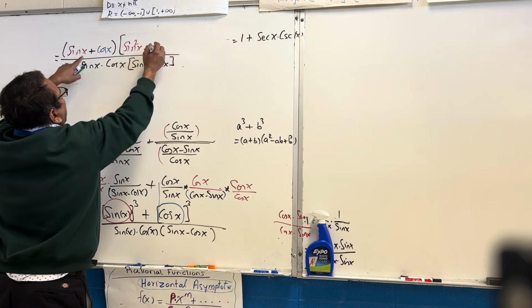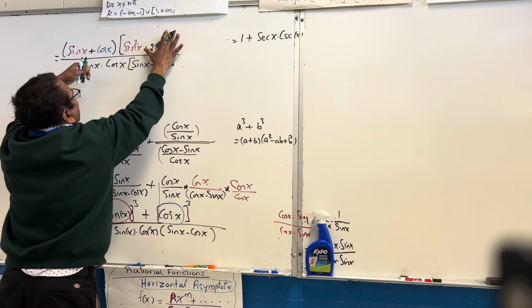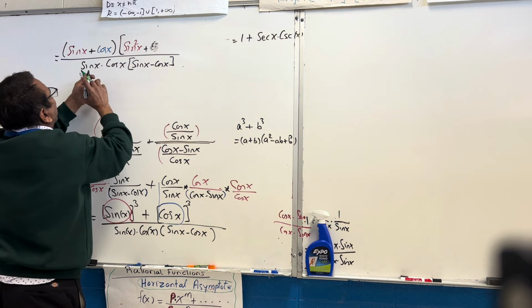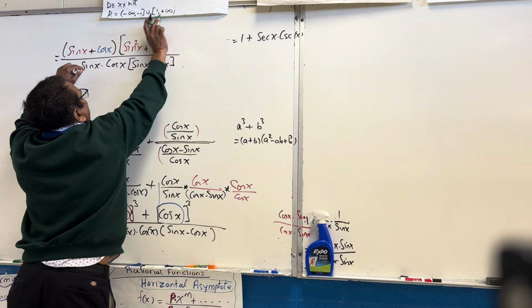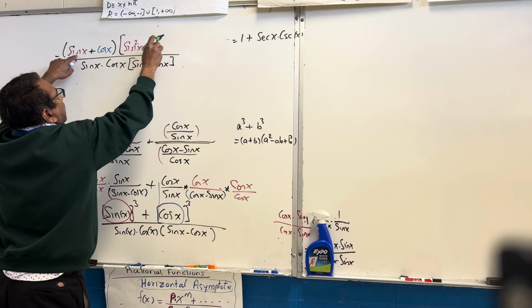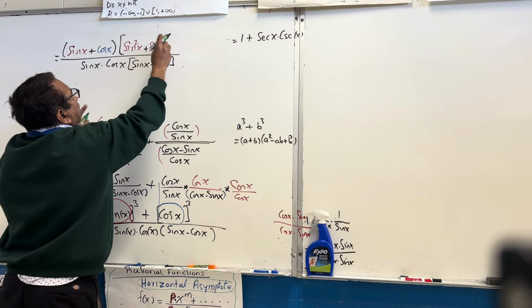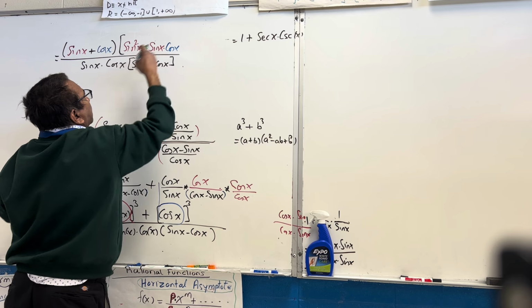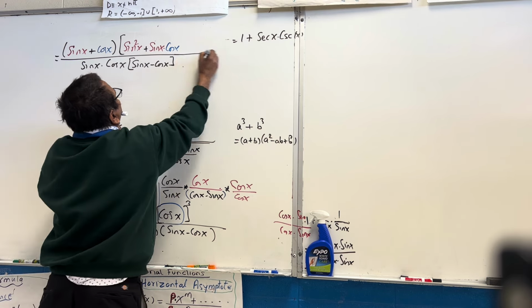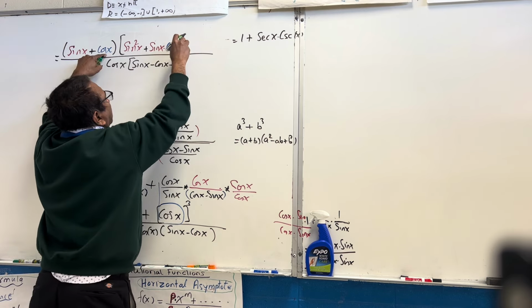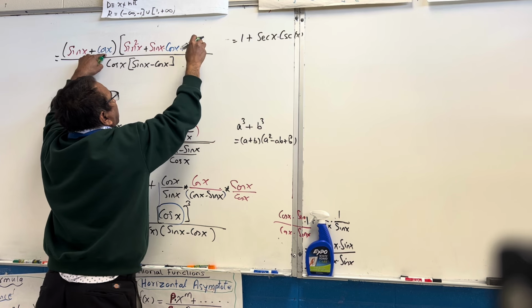Then you multiply, no, so it is ab, so a is sine of x times cosine of x. And then the square is cosine square.